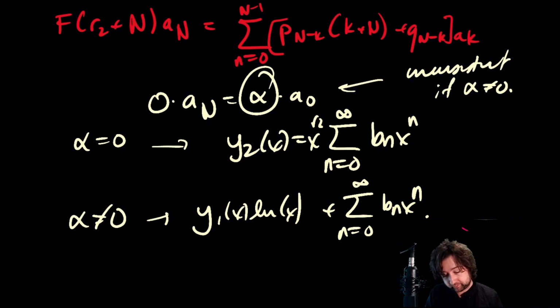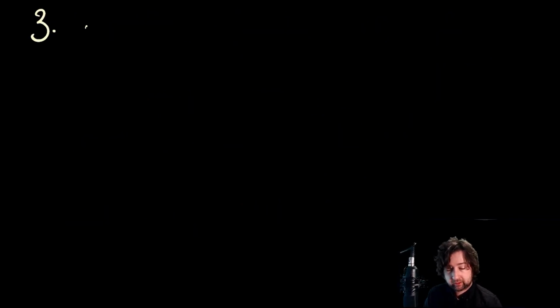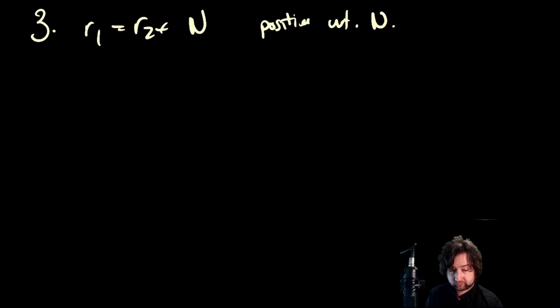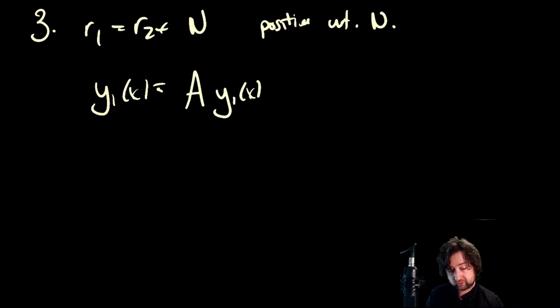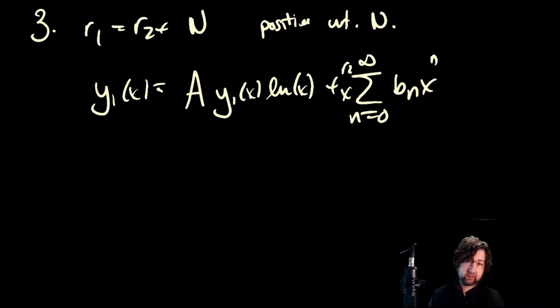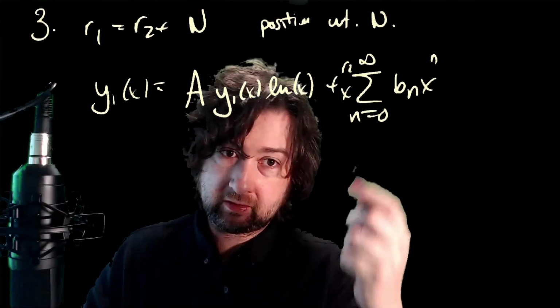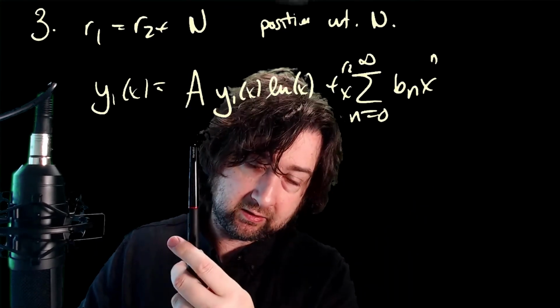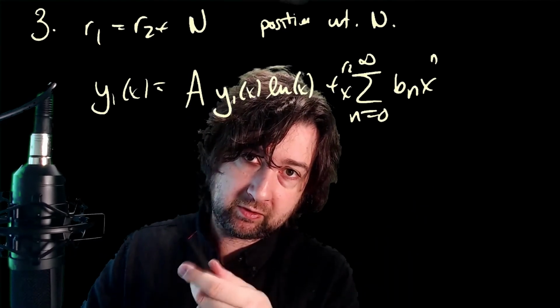So what's the upshot? Case 3. r1 is equal to r2 plus N for some positive integer N. Then y2 of x is equal to capital A times y1 of x natural log of x plus the sum from n equals 0 to infinity of bn x to the n, times x to the r2. So you still get this Frobenius series here. And what the A does, this contains the information about what happens with the alpha.